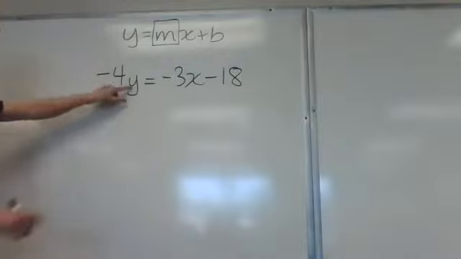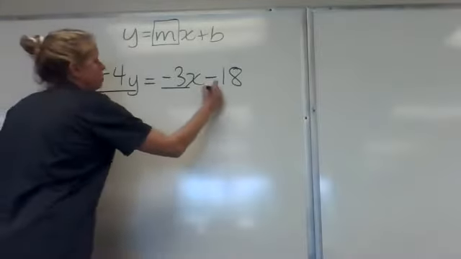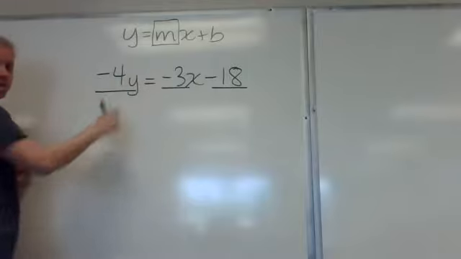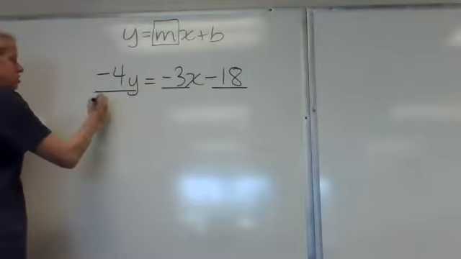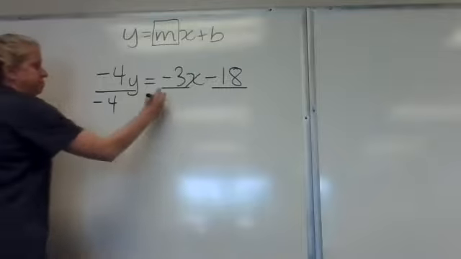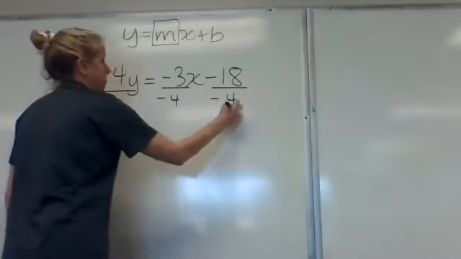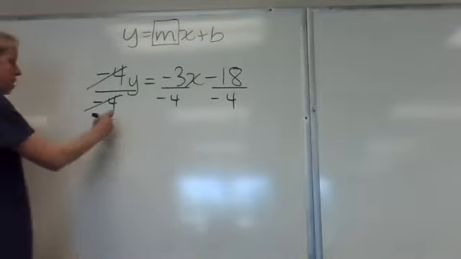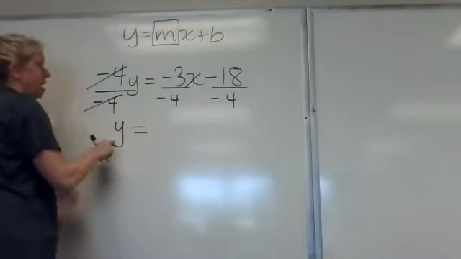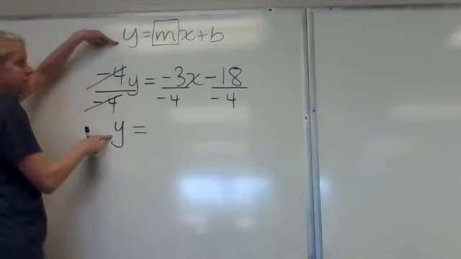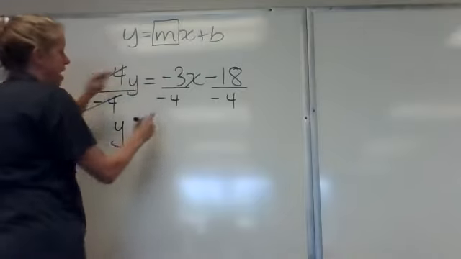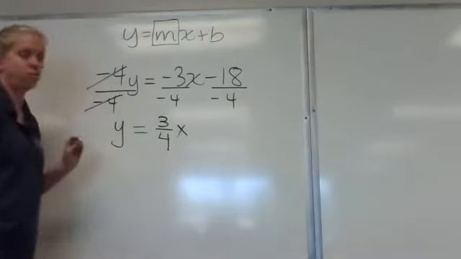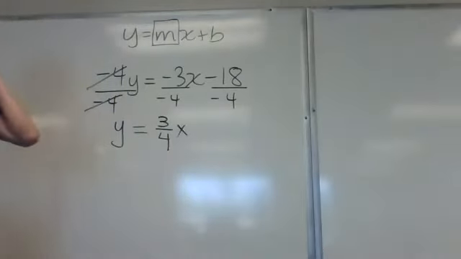So the first thing I need to do is get y alone, which means that negative 4 is hooked on. So how do you get rid of hooked on numbers? You divide by them. Cancel it. So here's my y equals, which is good, right? It's matching this. So let's see, a negative divided by a negative turns that into positive 3/4x.